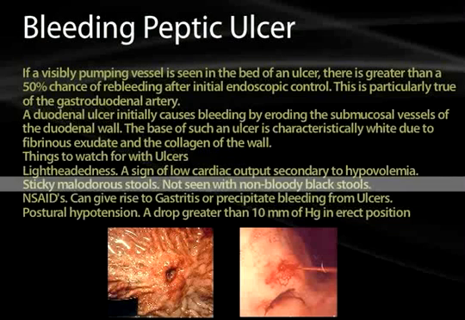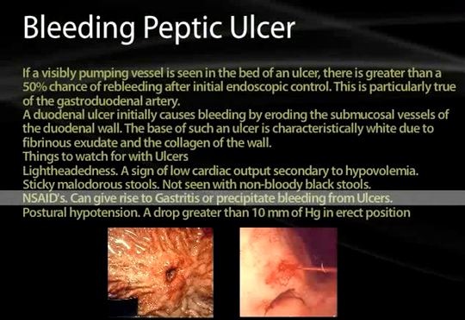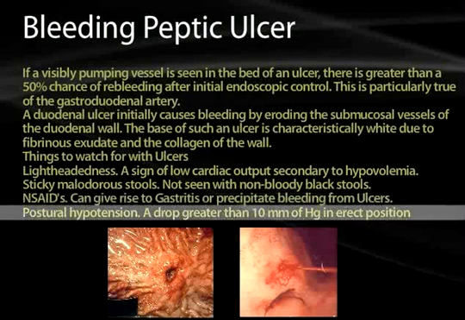They often have a history of long-term NSAID use, which can give rise to gastritis or precipitate the bleeding from ulcers, or they'll have postural hypotension, which is a greater than 10 millimeter fall in their blood pressure when they are in the erect position versus lying back.